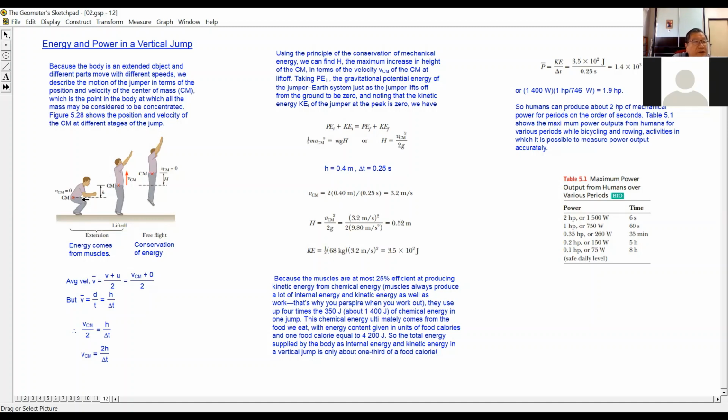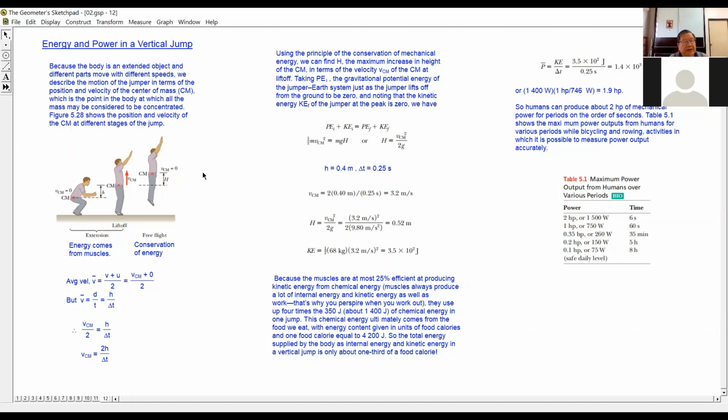The initial velocity is zero. Until he is about to lift off, he has a certain velocity, and this velocity we call VCM. So from zero until VCM. Now the distance moved by the center of mass is h.